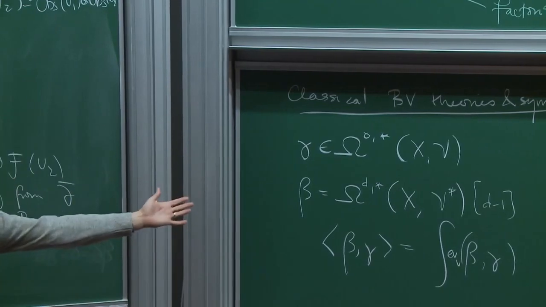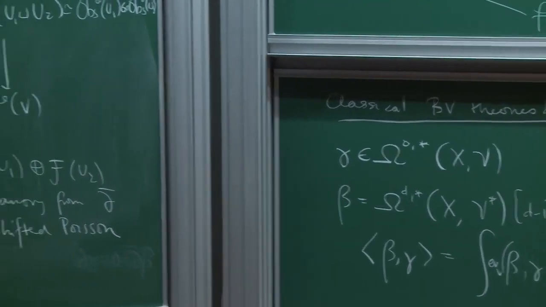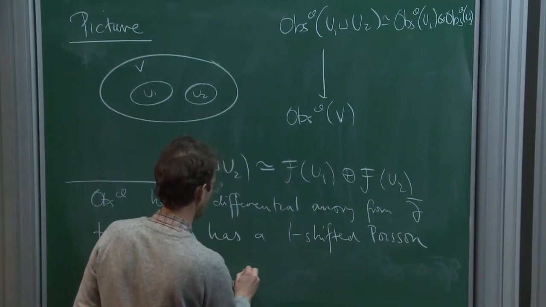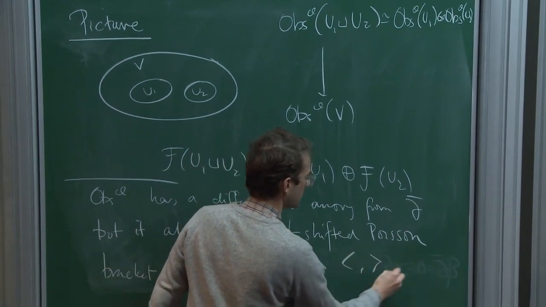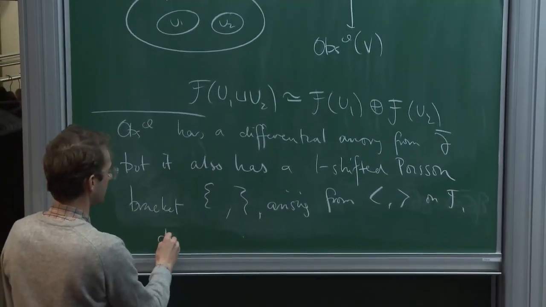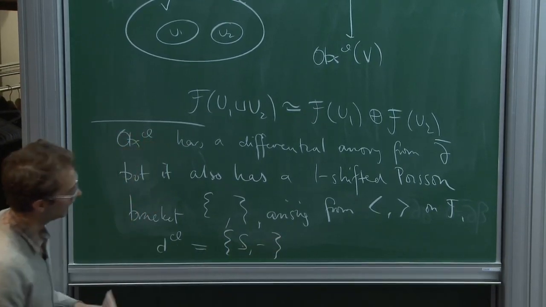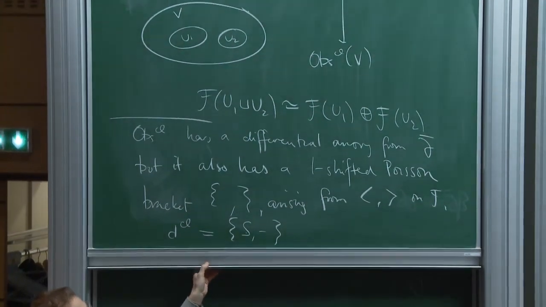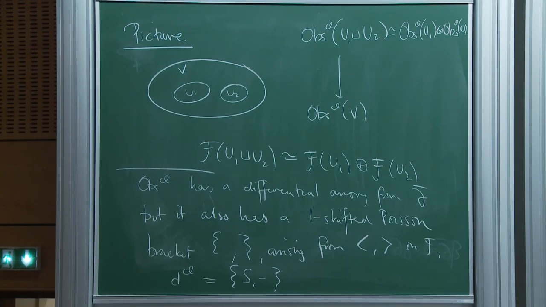So the fields are like a shifted symplectic thing, so functions on it should be a shifted Poisson thing, arising from this pairing on F. And actually, one of the things you can check is that the differential on the classical fields is the bracket with the classical action functional. So we'll use that later when we quantize.